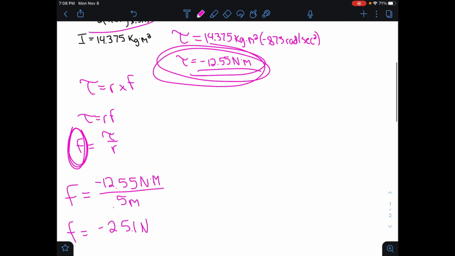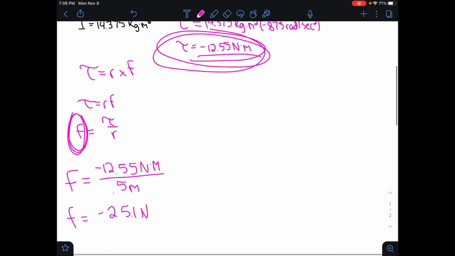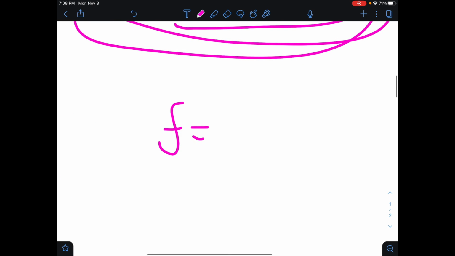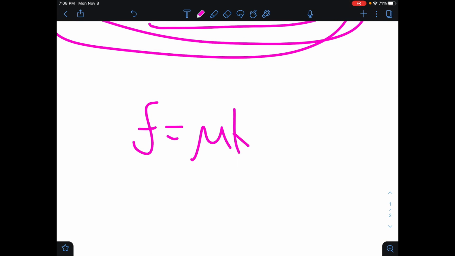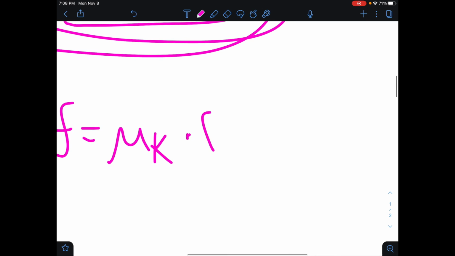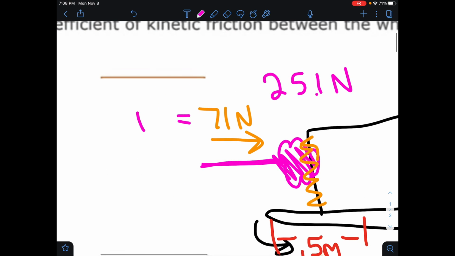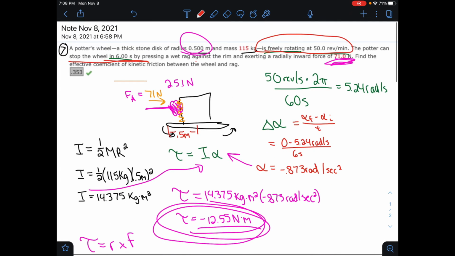So now it's just simply, if this force right here, this 25, is going to be equal to our coefficient of kinetic friction, because it's basically slipping, times, let's call it FA, our applied force. Okay. Now I'm going to try to make this make sense.